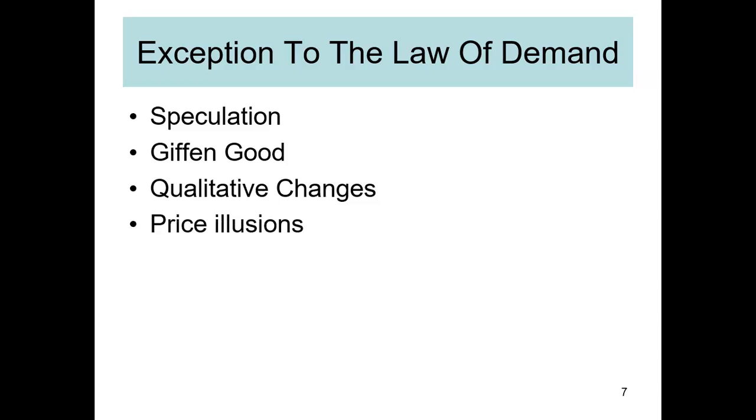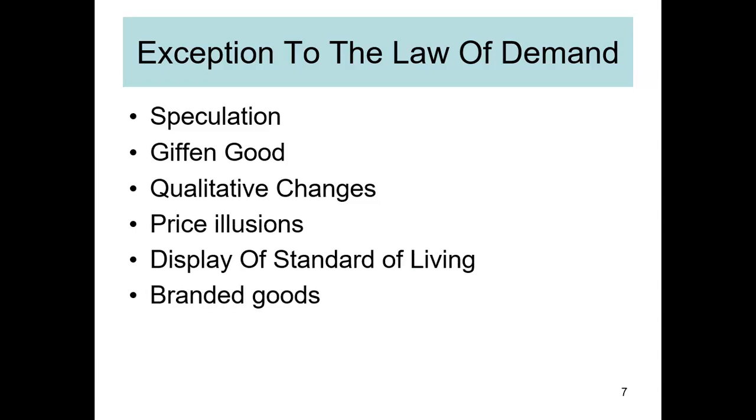Then qualitative changes, price illusions, display of standard of living, and branded goods. Luxurious people are going to purchase branded products only. Display of standard of living and price illusions are all exceptions to the law of demand.